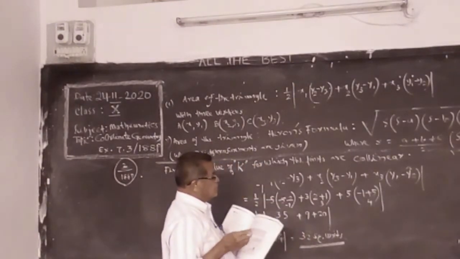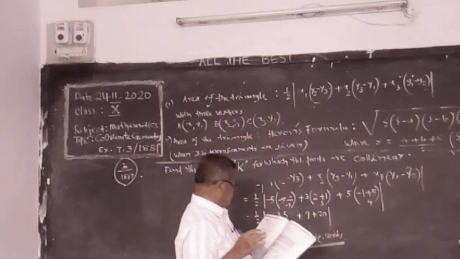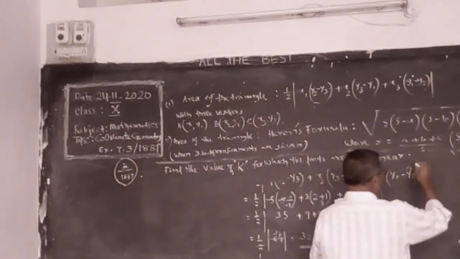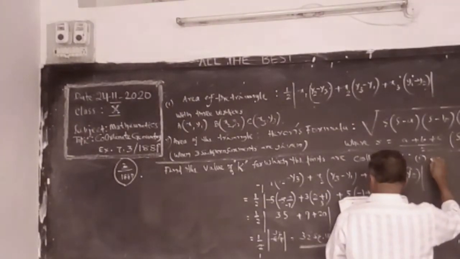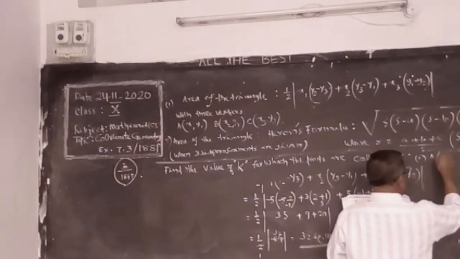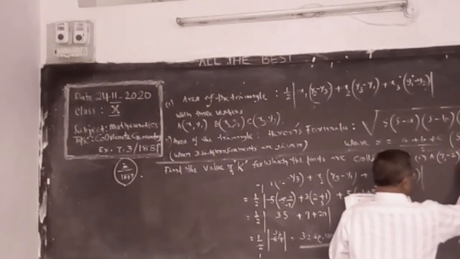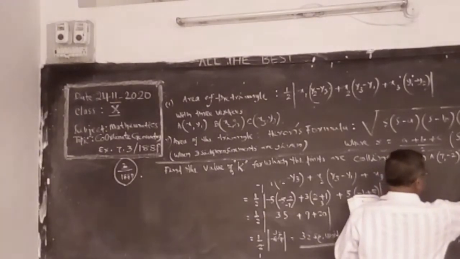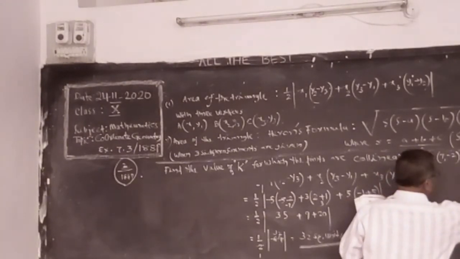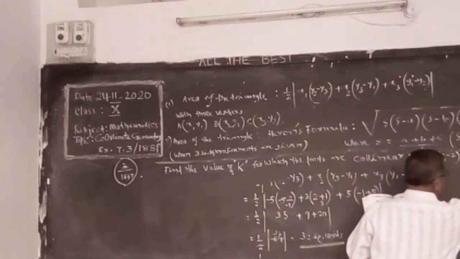The points are given here. Number 1: A (7, -2), B (5, 1), C (3, k). Find k.